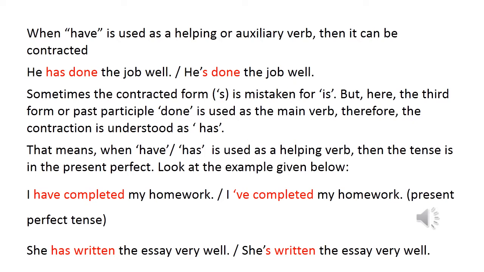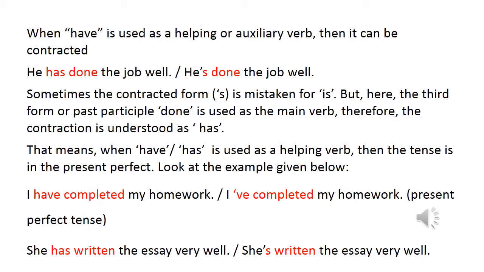Whenever the contraction apostrophe S is used along with a past participle, like in the example, he has done the job well, here it is not is, but it is has. And that is what you call the contracted form, he's done the job well.